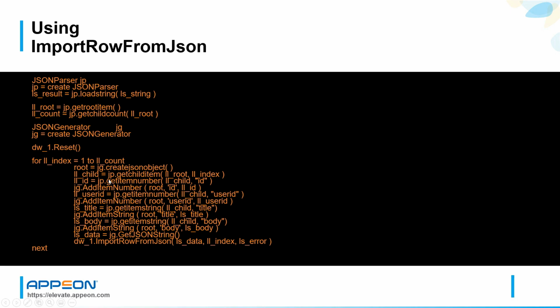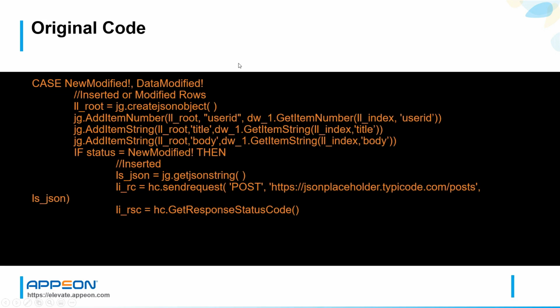So I take each value that I want and I add it to the JSON that I'm generating, then generate the JSON for that particular row with only the columns that I actually want to have in the data window, and then I do the import row from JSON here. So it didn't really save very many lines of code, but it's at least an alternative technique.